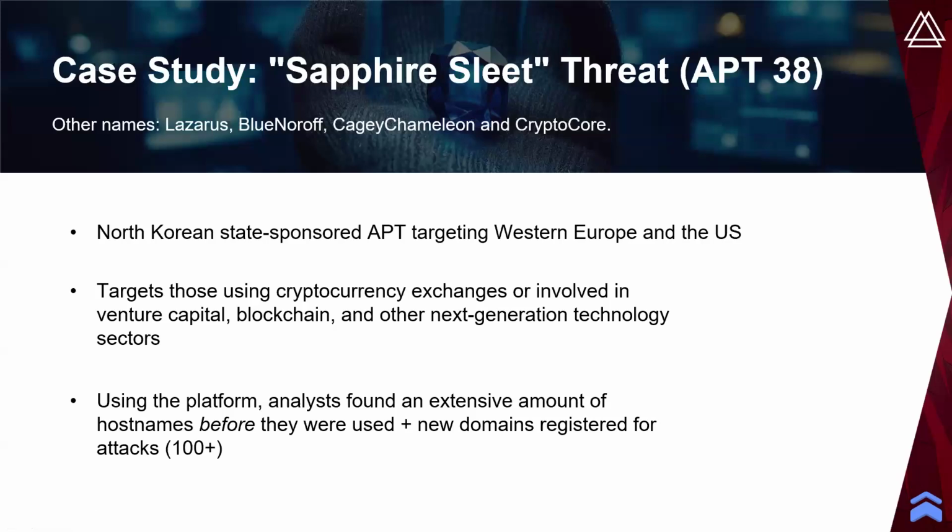So I want to first start with a case study on Sapphire Sleet, or APT38, as some might be familiar. So who is Sapphire Sleet? Sapphire Sleet is a sophisticated subgroup of the Lazarus Group, which is a North Korean state-sponsored APT that's known for targeting cryptocurrency exchanges, venture capital firms, and organizations in blockchain and emerging technology sectors.